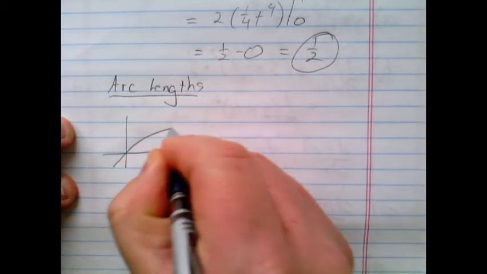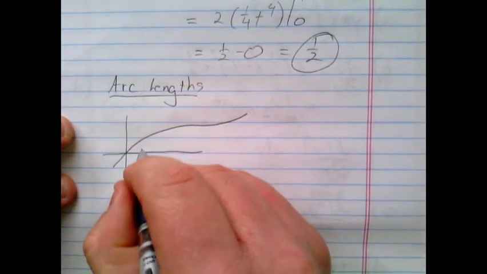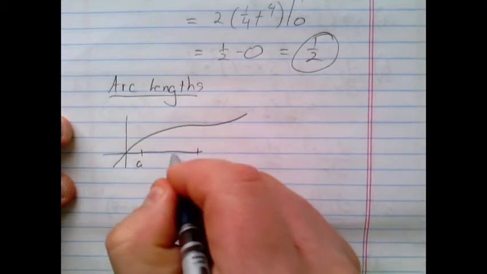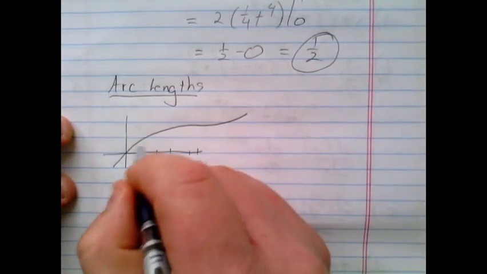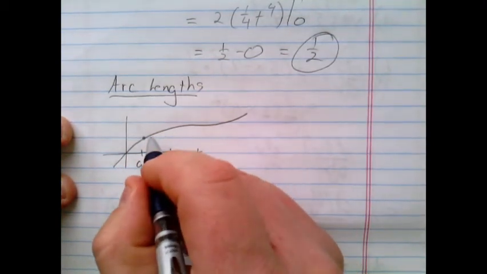You know, let's say we've got some function and we want to find an arc length from A to B. Okay, and so we divide that interval up into little pieces, and on each little piece, we draw a tangent line.